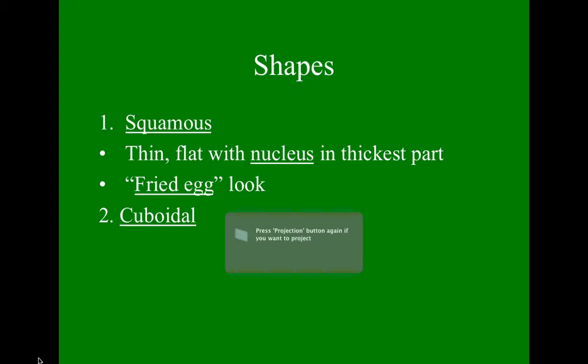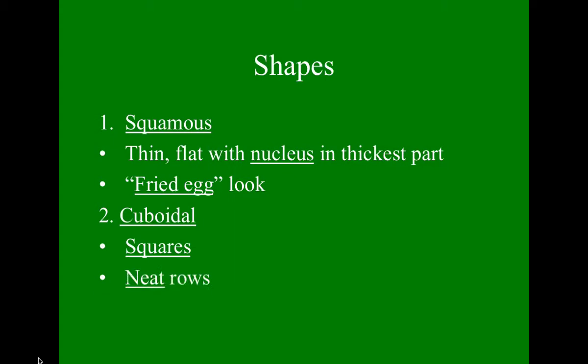The second possibility is cuboidal. Cuboidal means that we have cells that through the microscope look like squares. If you think of these cells in 3D, then of course it's going to be a cube. So that's where it gets its name from. These do exist in very nice, neat rows, with the nucleus, which is usually fairly large, very predominantly in the center.